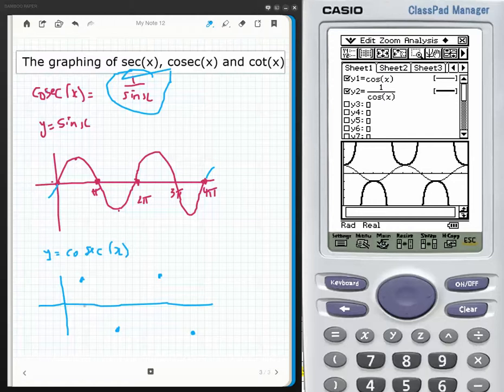Here it is 0, so I'm going to have an asymptote at x equals 0. I have an asymptote at x equals pi. I have an asymptote at x equals 2 pi. An asymptote at x equals 3 pi. And I'm going to have curves that are similar to what I had when I graphed sec of x.